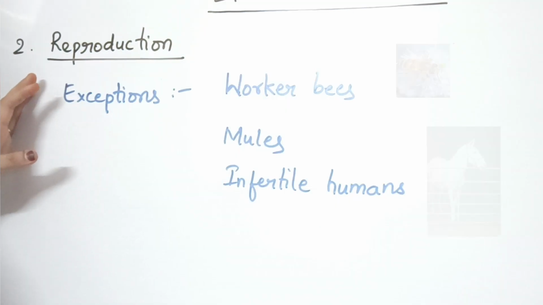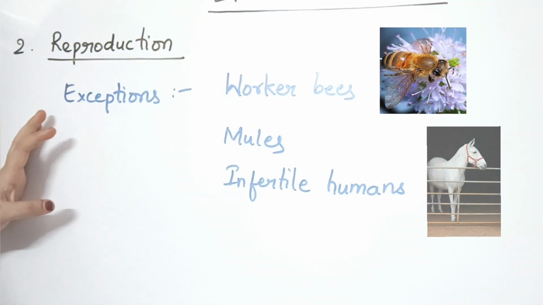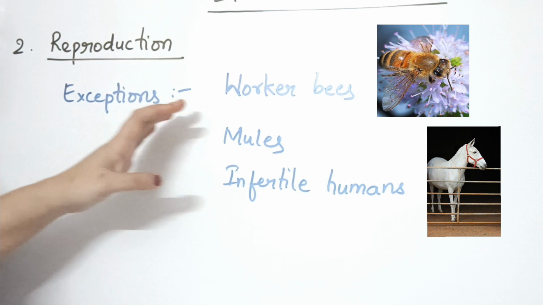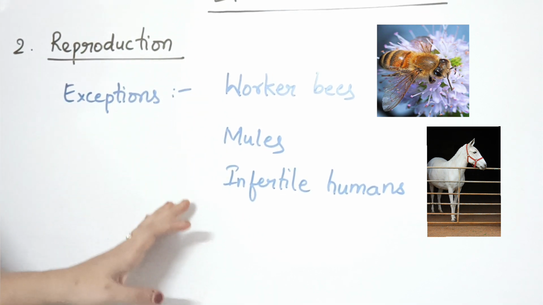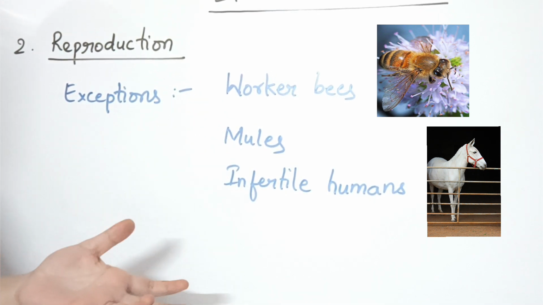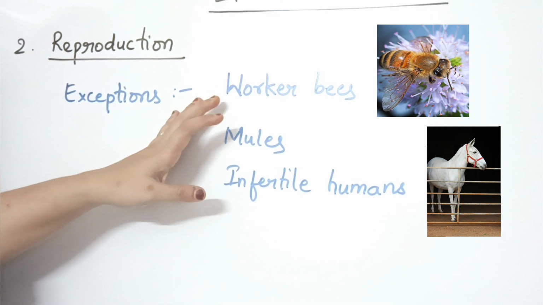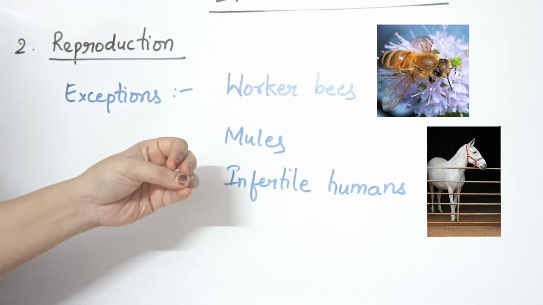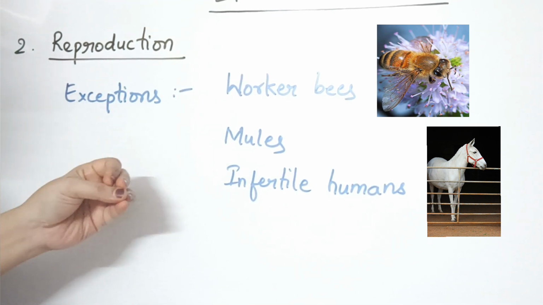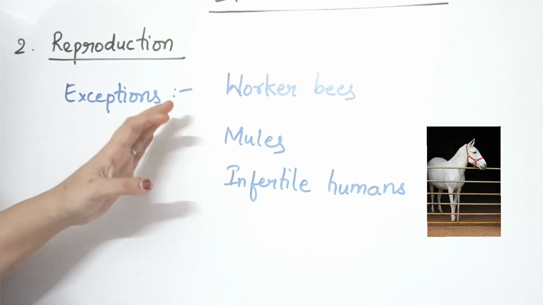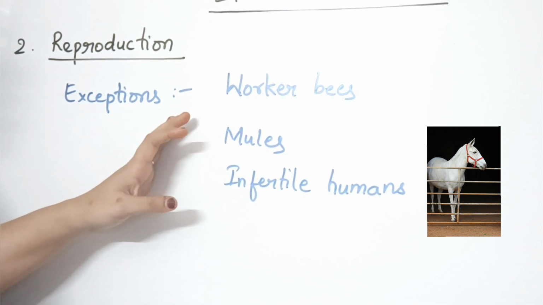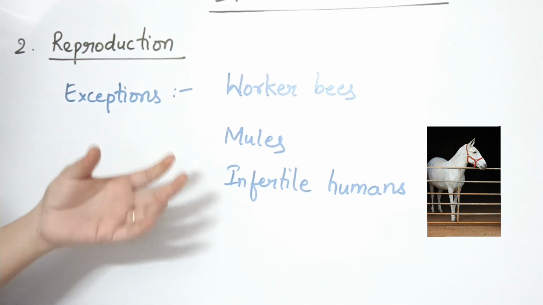Reproduction has a few exceptions. For example, when we are talking about exceptions like worker bees, mules, and infertile humans, they do not reproduce. The female worker bee will be sterile because of lack of nutrition. And mules are a cross between the donkey and horse, so they will not be able to reproduce.